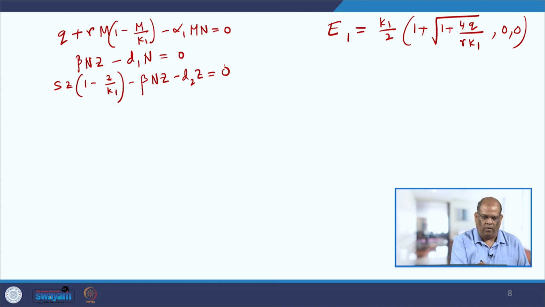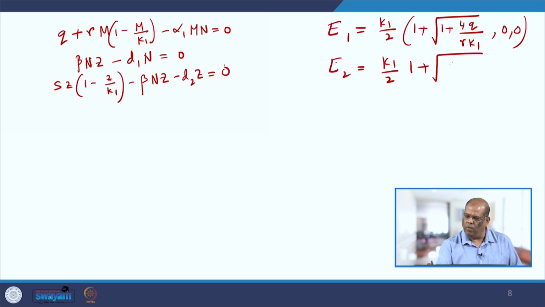So, a Q will be here. The second equilibrium point is E2, which is K1 by 2, 1 plus square root of 1 plus 4Q by RK1, comma 0, comma K2 S minus D2 by S.